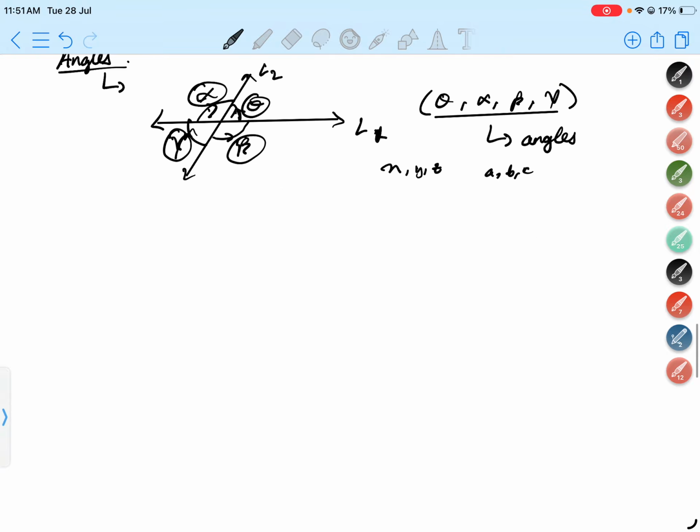So the definition of angle states that if we have any two lines, let's say AB, a line segment, and from the same point A we also have another line segment AC.